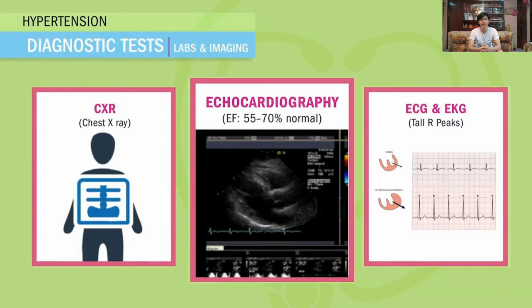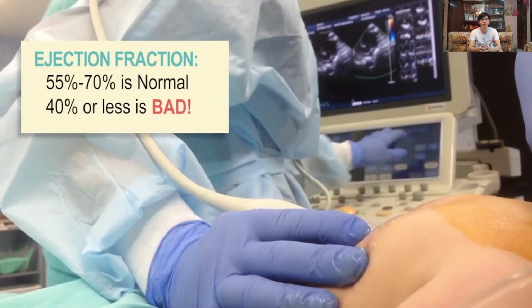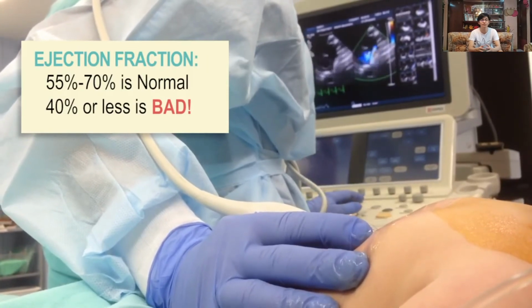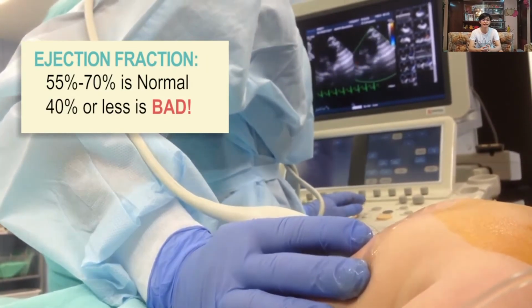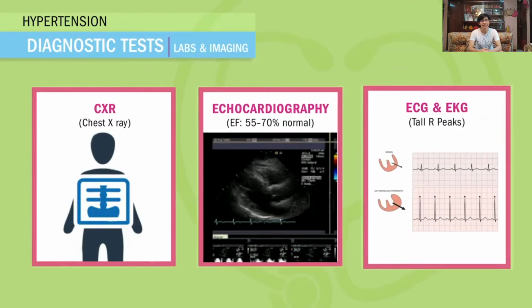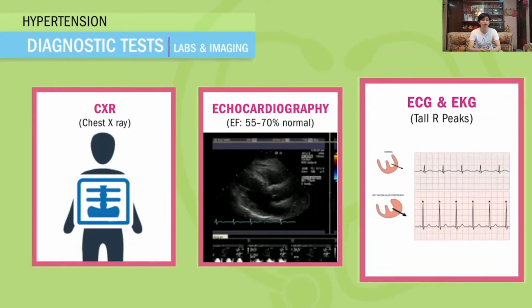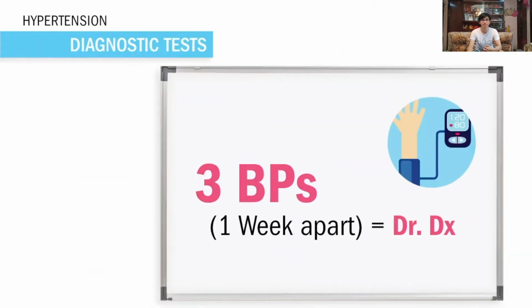This is called ejection fraction, in which 55% to 70% is normal and 40% or less mostly indicates heart failure. ECG detects tall R peaks, indicating strong ventricular contraction, which means hypertrophic left ventricle.